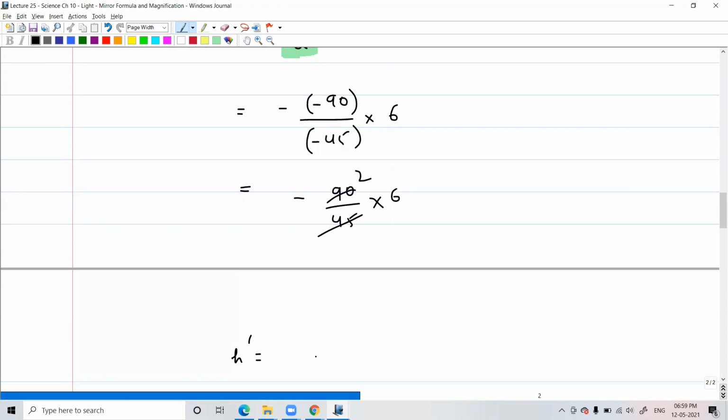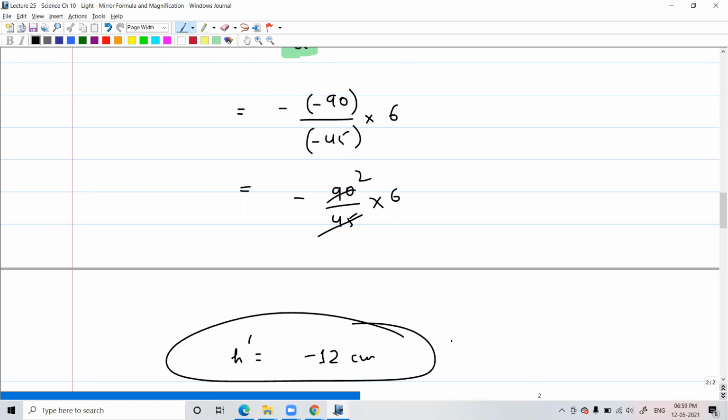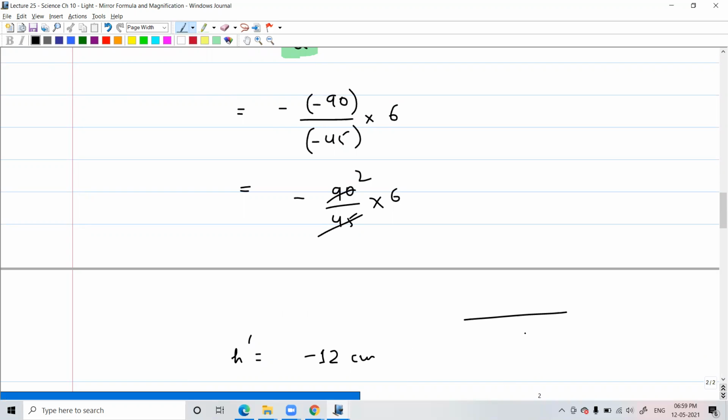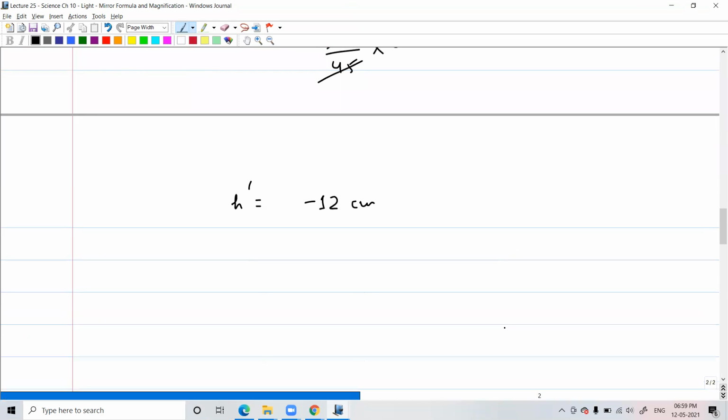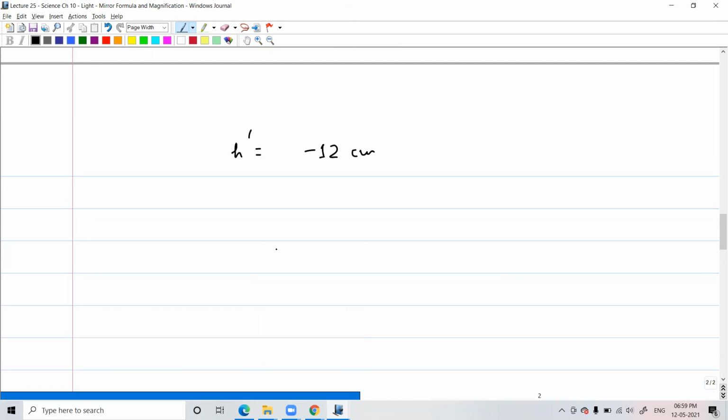So we have found h dash is equal to minus 12 centimeter. Does it mean it is less than 0 centimeter at all? No. Minus is only for showing that it is inverted. That's all. It's a symbol. Does it mean it is less than 0? It is still 12 centimeter tall. Only thing is it is inverted.